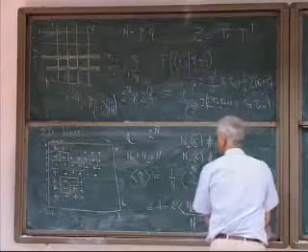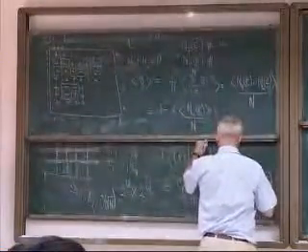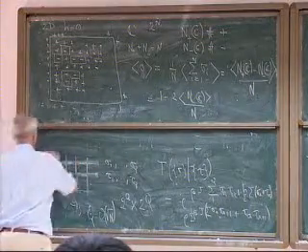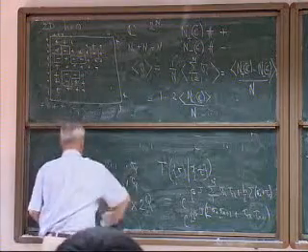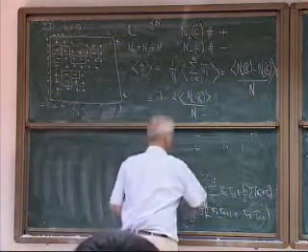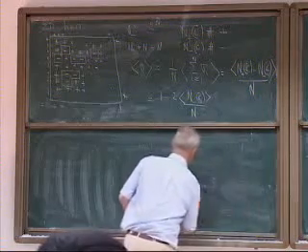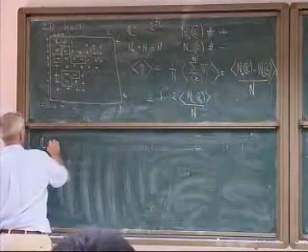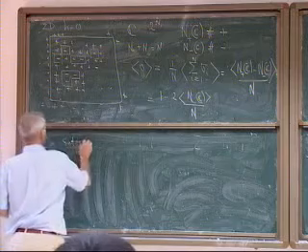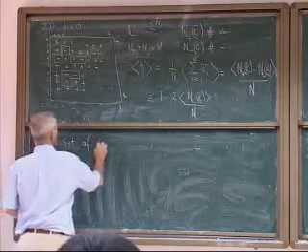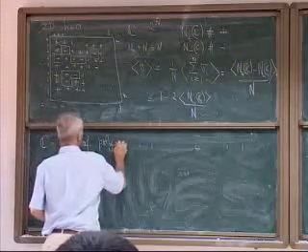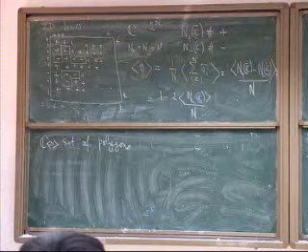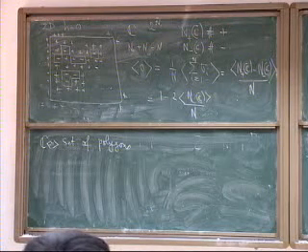So configuration C is equal to a set of polygons. If I have C, I can draw polygons. If I have polygons, I can find C.